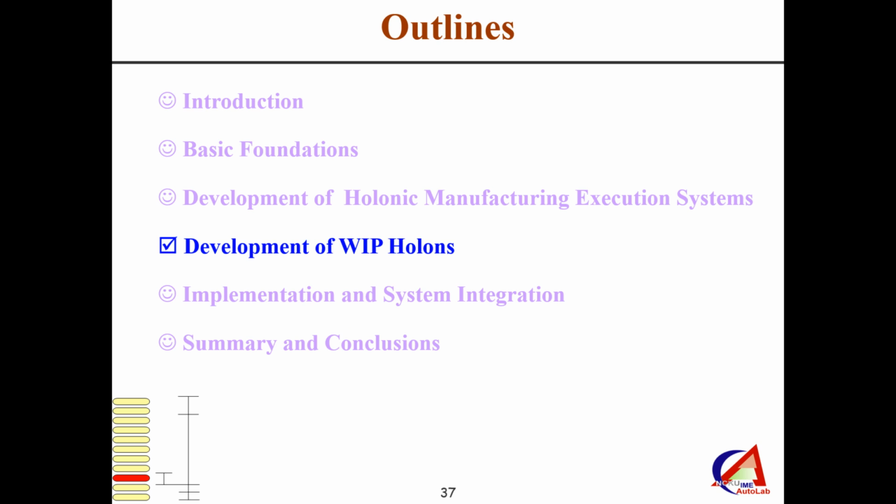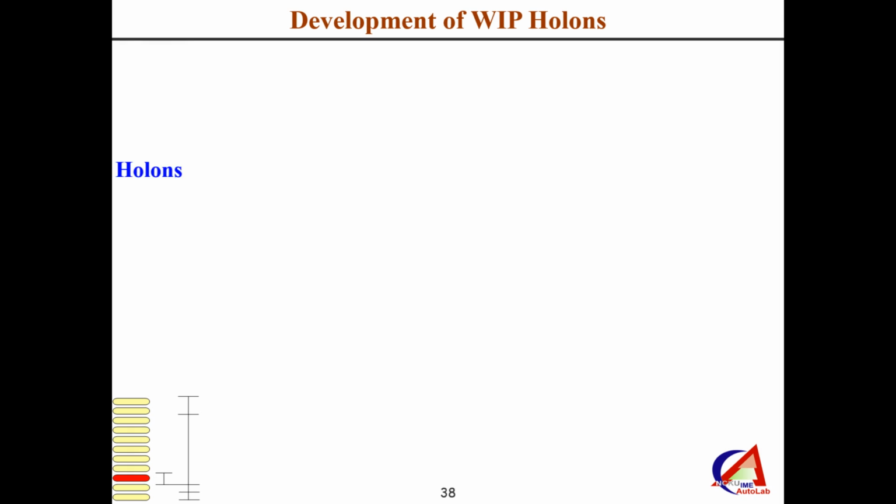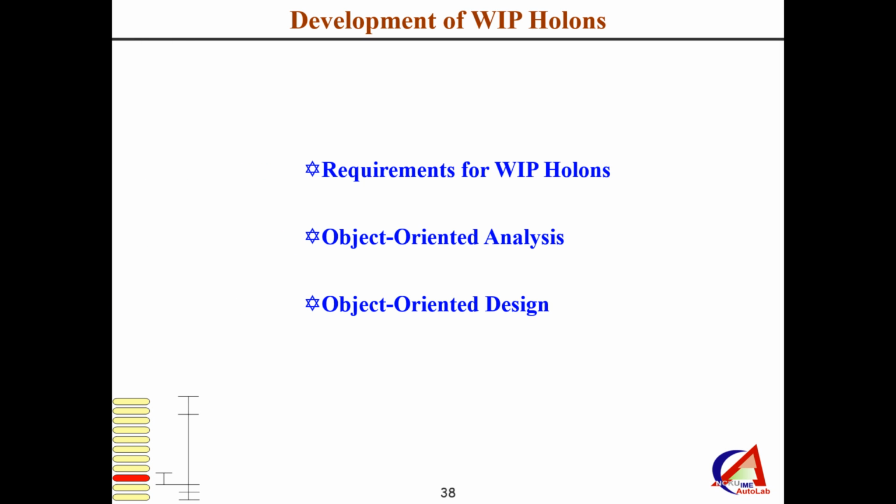Okay, so now I'll give you the example of designing the WIP holon, because I have already defined all the framework messages. So here, if we would like to define a WIP holon, again, the object-oriented design procedure will be used. We need to know the requirements for the WIP holon.